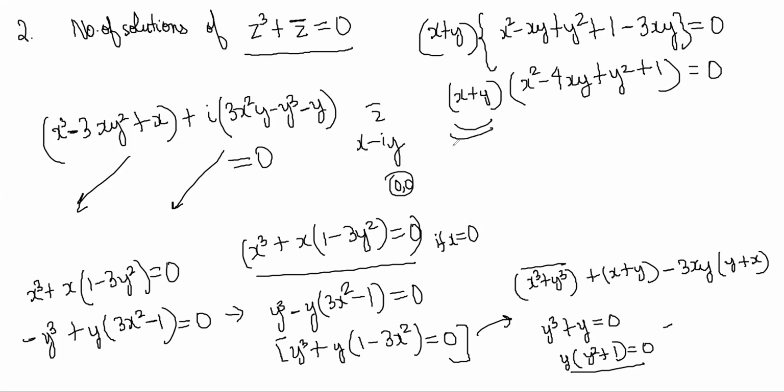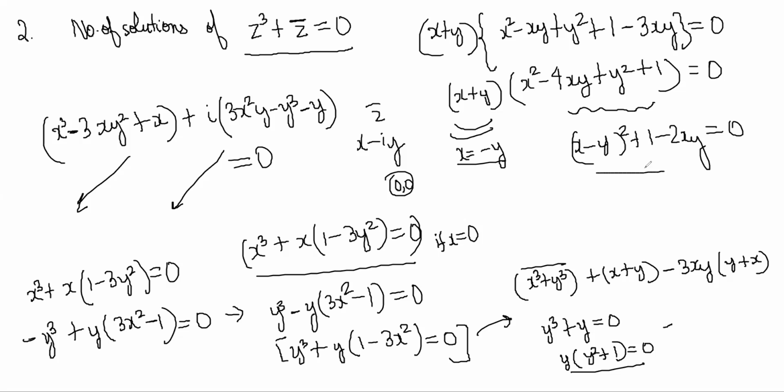So either x is equal to minus y, or x minus y whole square plus 1 minus 2xy is equal to 0. That doesn't help much, so I don't think this is the right approach. 0 0 is a root, and let's think of something else.